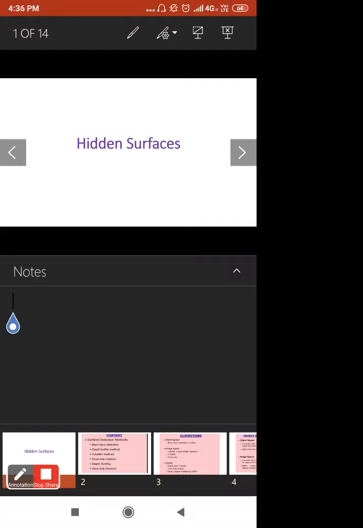Like in clipping, you only show or find out that portion which is visible, that is inside the window, fully visible to the viewer, and that we are going to show only.